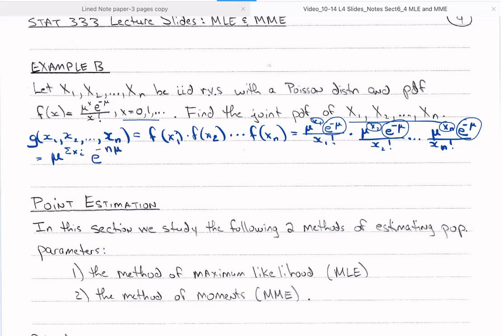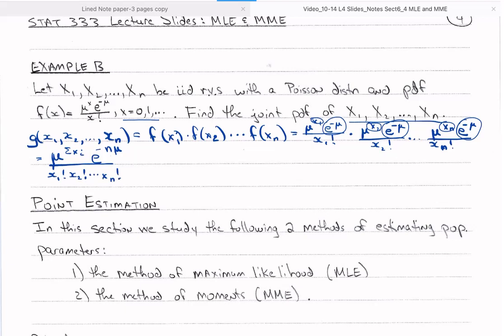There's n of them, and there's n of these. So there's n times mu. And then I'll have x1 factorial, x2 factorial, times all the way up to xn factorial.